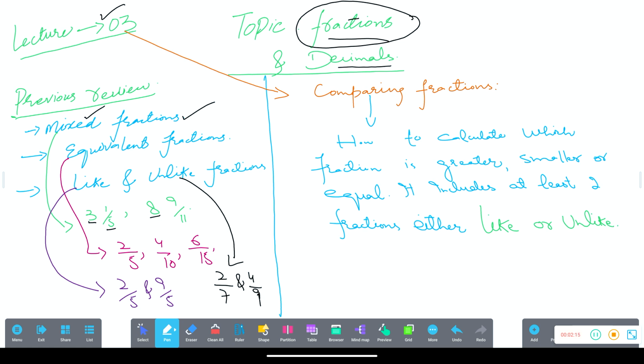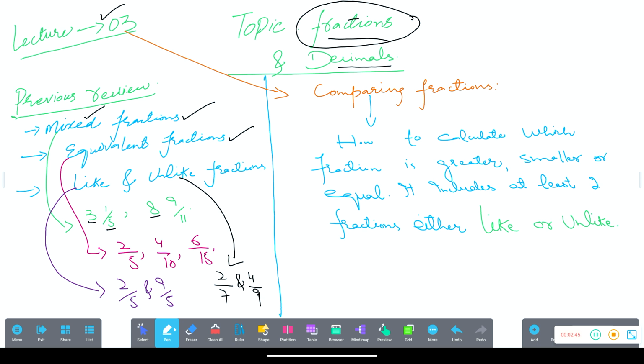Then the second concept that we have discussed there in the second lecture was about equivalent fractions. I told you equivalent fractions are those fractions that look different in their numerator and their denominator, but when we try to calculate the value of those fractions, we see the value comes out to be constant.